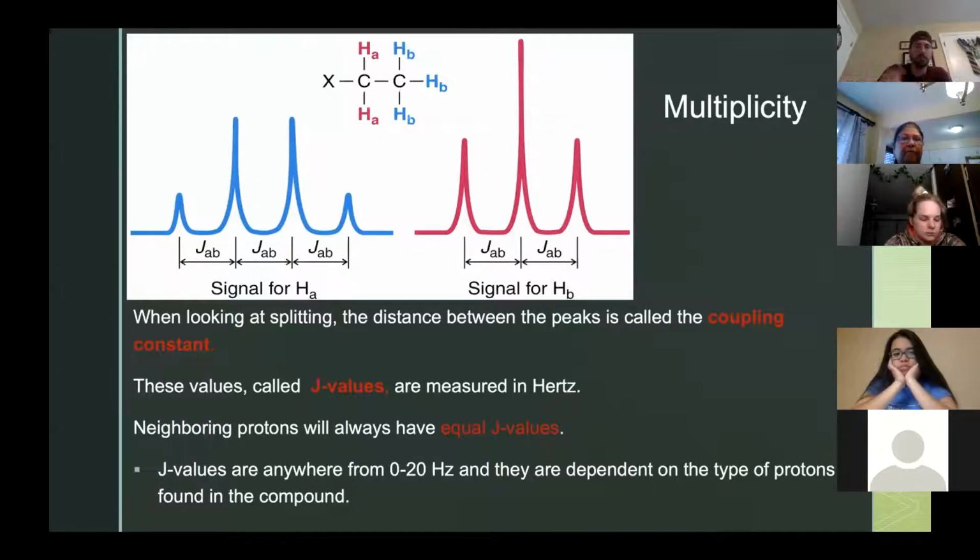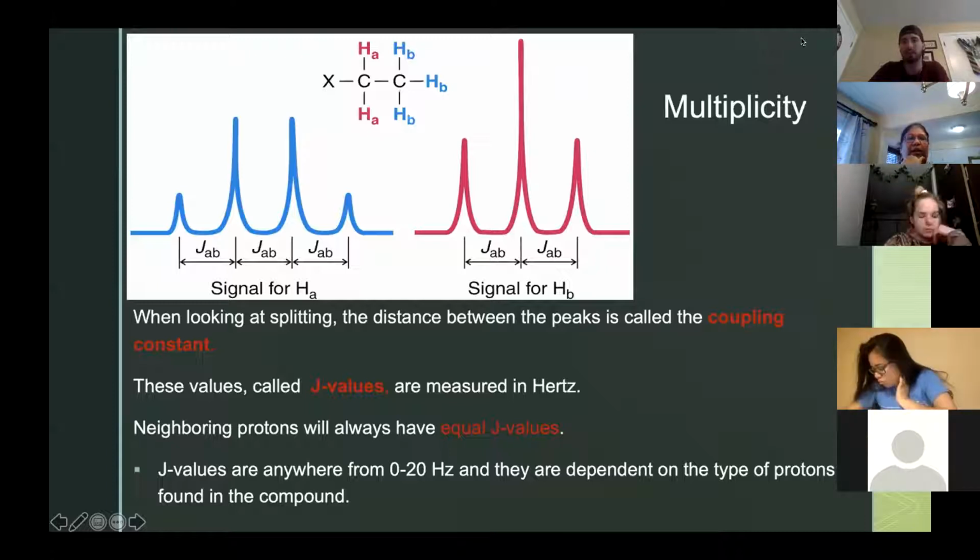We can also look at the distance between each peak, and these are known as J values, or coupling constants. Now, just a second for everybody watching. Look at the one in the blue and see how that relates to the structure on top.